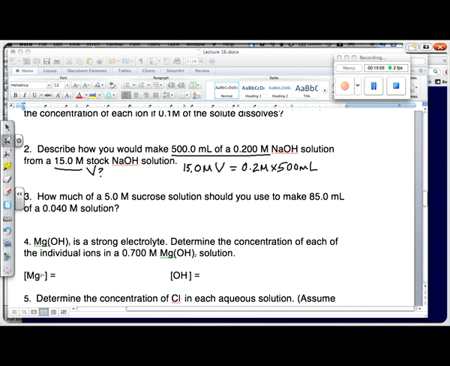All right, so you would take a volumetric pipette, which looks something like this. It's really long and skinny, or some of them have a little bulge in the middle if you're doing 10 milliliters or so. Anyway, you use a volumetric pipette to get that volume, but we haven't calculated what it is yet. So plug it in the math: 0.2 times 500 divided by 15.